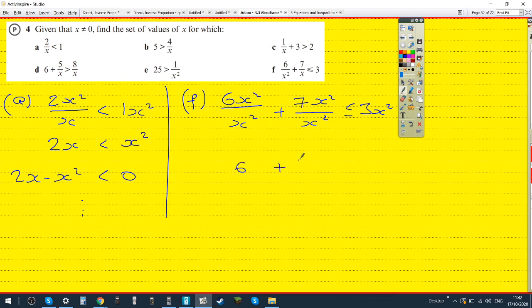Then 7x. Yeah, 6 add 7x is less than or equal to 3x squared, and then you take away 3x squared from both sides. Yeah, and you'll be fine for the rest of that.